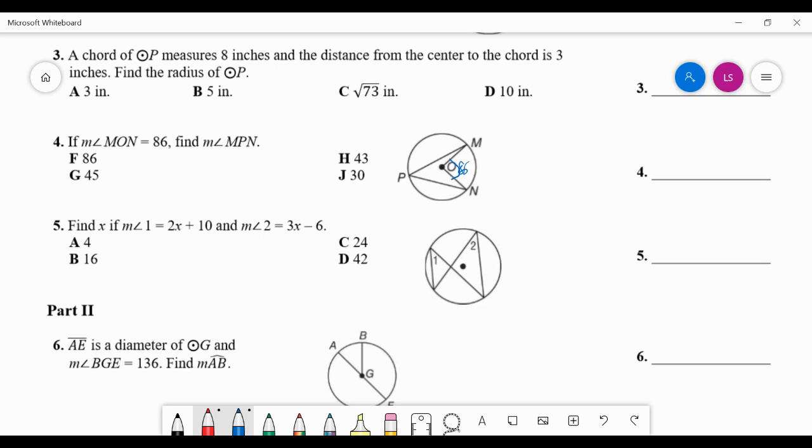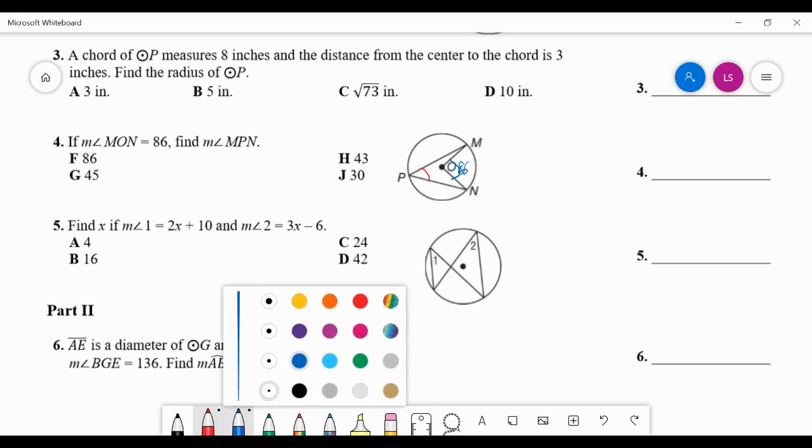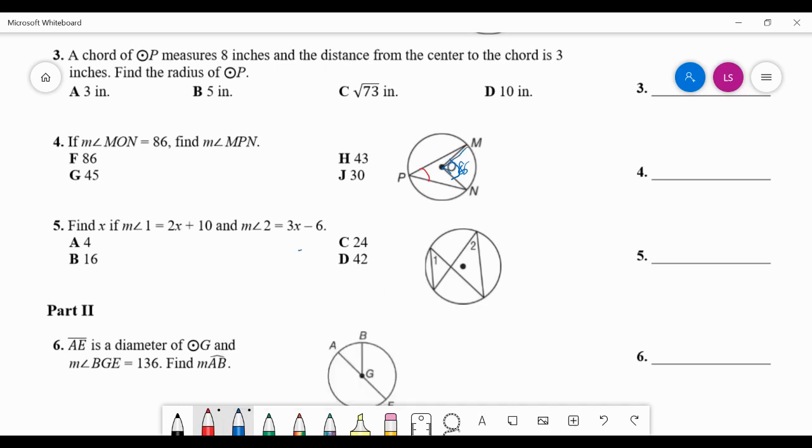Number 4, if angle MON is 86 degrees, find measure of angle MPN, this one. Well, this right here, MON, is a central angle.